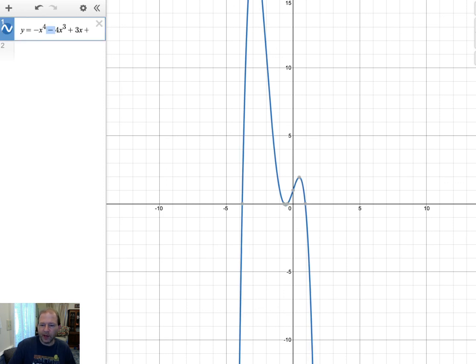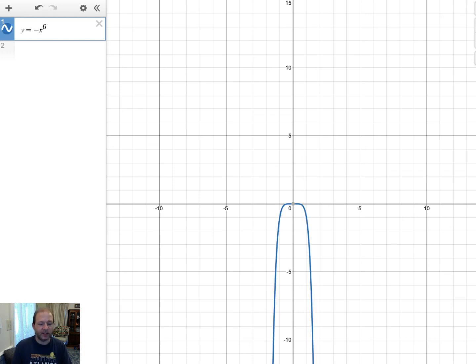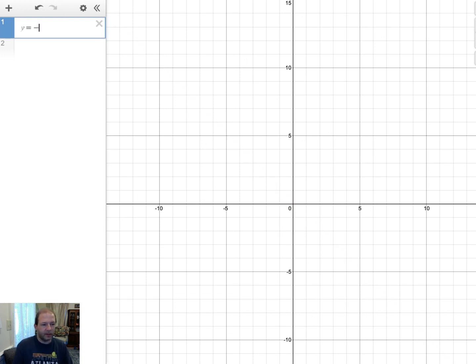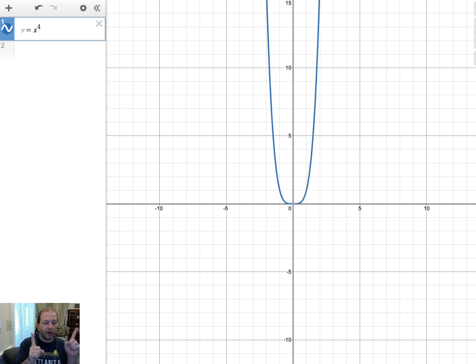But it doesn't really matter, as long as you've got an even degree, it's going to fail the horizontal line test. I change this to x to the 6. Really what we're looking at here is called the end behavior of the polynomial. Like x to the fourth, both ends are going down, because it's negative. If I make it positive x to the fourth, both ends go up.